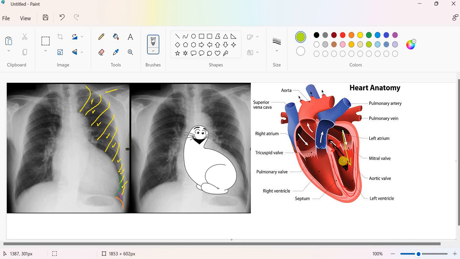The left ventricular enlargement not only will lead to push down of the cardiac apex below the fifth left intercostal space, but sometimes, as in this X-ray that we are viewing, the left border of the heart, which is made by the left ventricle, is slightly convex.